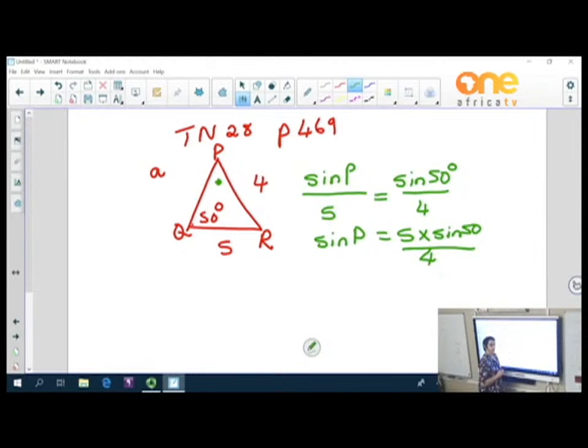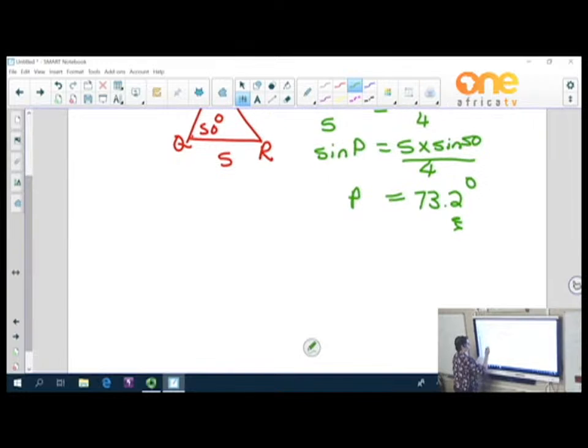And now remember, you want the angle, so we'll have to press on the calculators now. Second function, sine, brackets, 5 times sine 50 divide by 4. You'll have to use extra brackets there, is equal to. And the answer is 73.2 degrees. This is now angles. So angles is to 1 decimal place, 73.2 degrees there. So it works very easily.